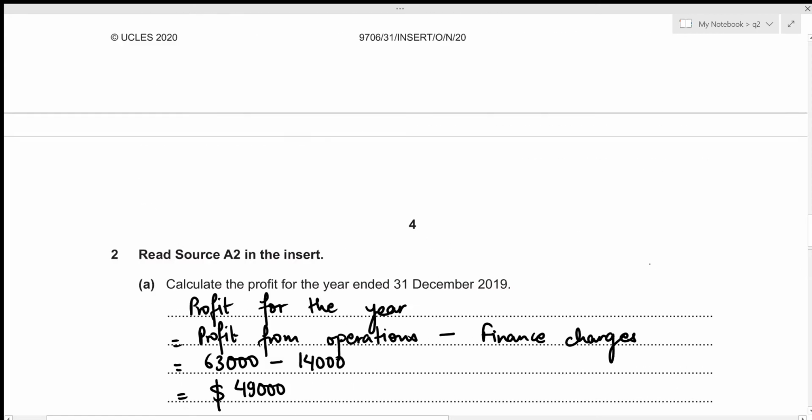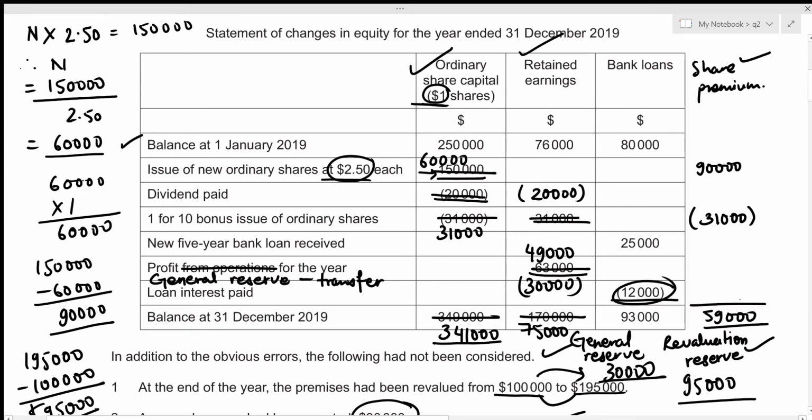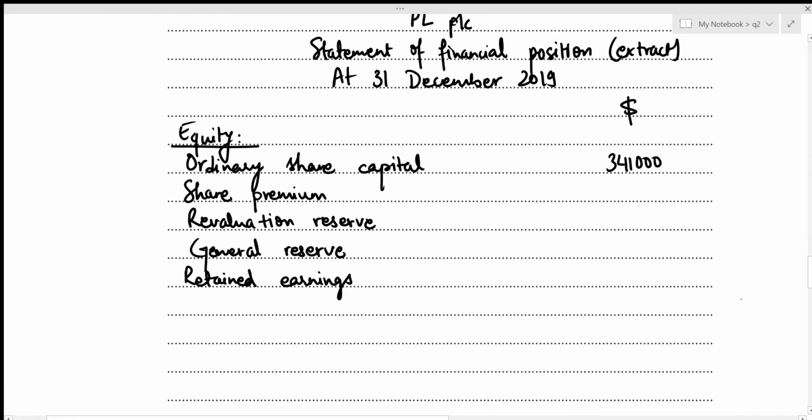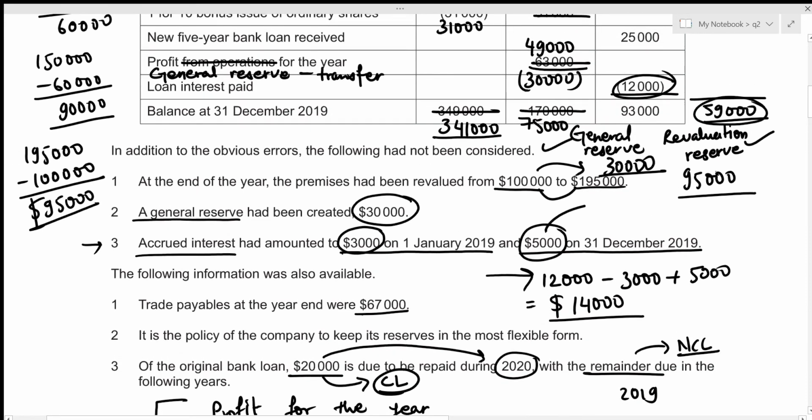Let's have a look above for share premium. We can see that the total for share premium is 59,000. Let's substitute this value. Let's have a look above for revaluation reserve. And we figured out that the revaluation reserve had the value of 95,000 and general reserve had the value of 30,000.